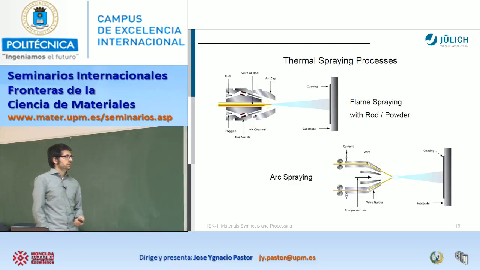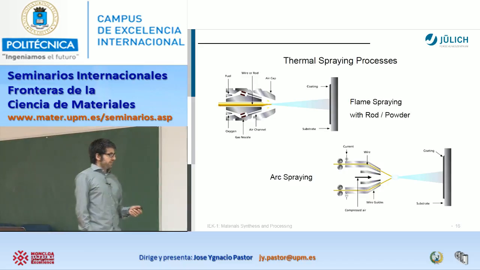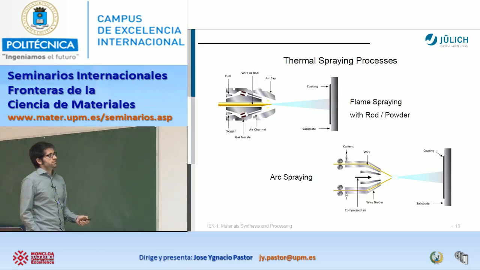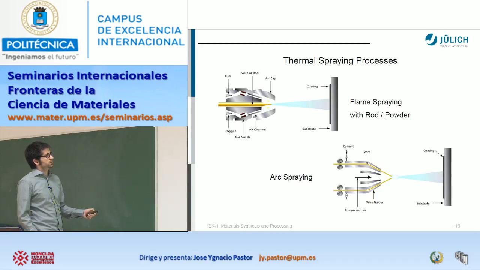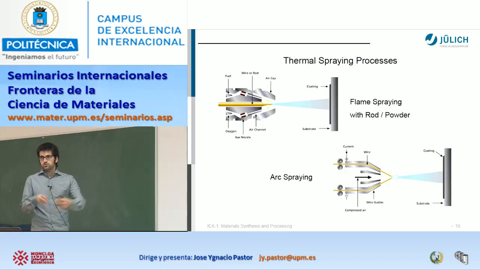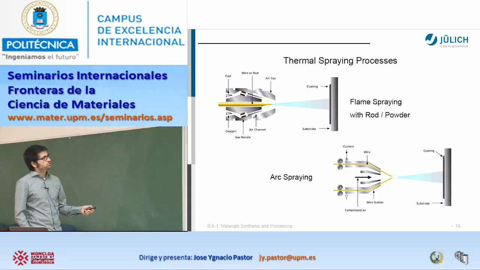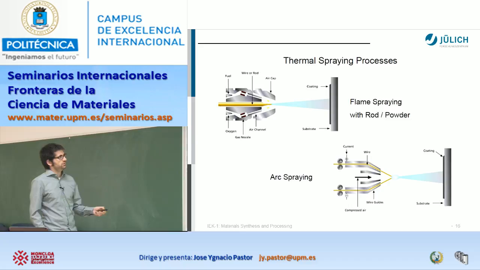Okay. Here is another example, but in general based on the same principle. Here is the flame spray with a rod or with a powder, because here is your powder. You can produce an elongated rod or a wire. You introduce your fuel, of course, and introduce the air and the oxygen from the other direction.